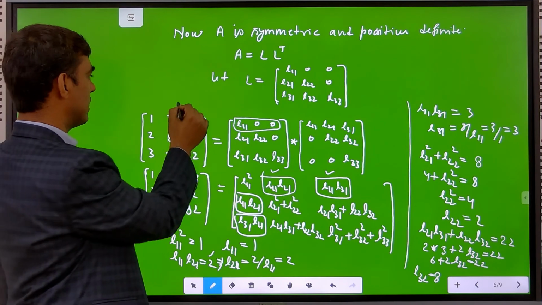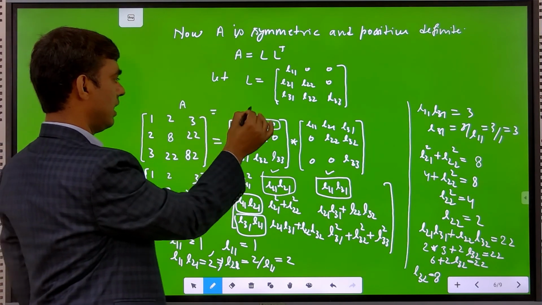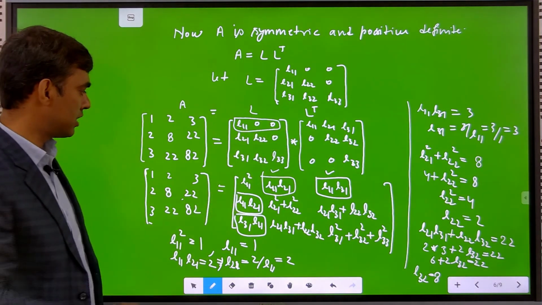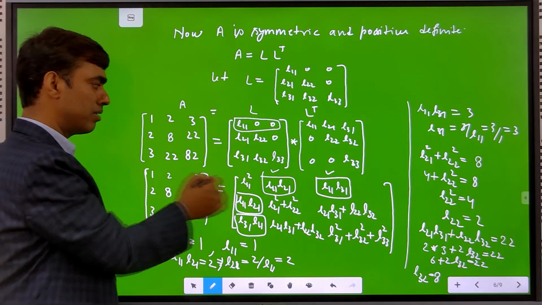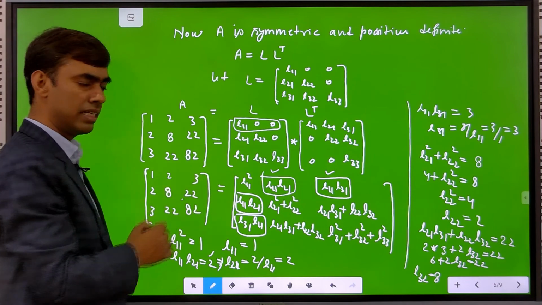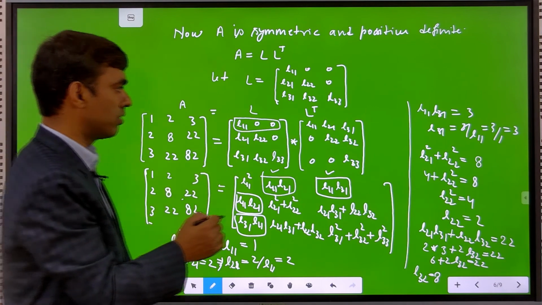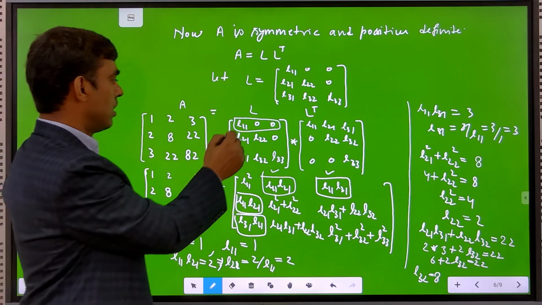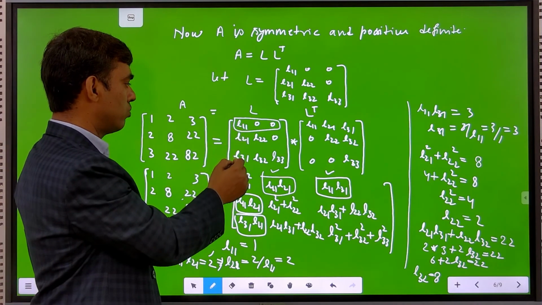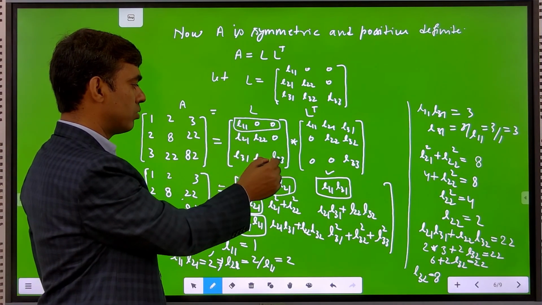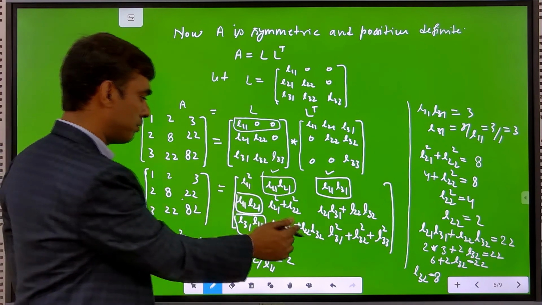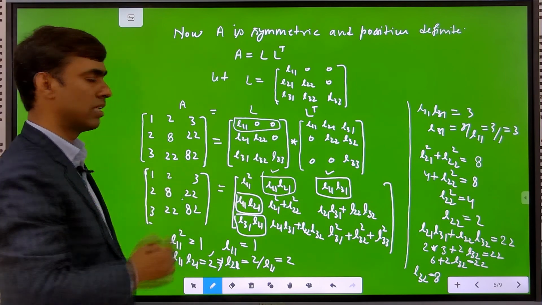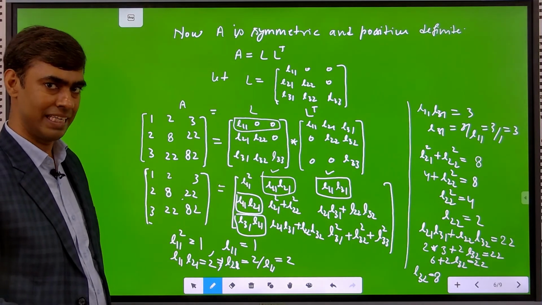We multiply L and L transpose and compare element by element of the left hand side and right hand side. Then we find the values of L11, L21, L31, L22, L32 and L33 by comparing after multiplication of L and L transpose with the coefficient matrix A.